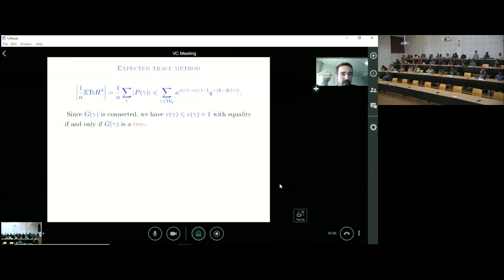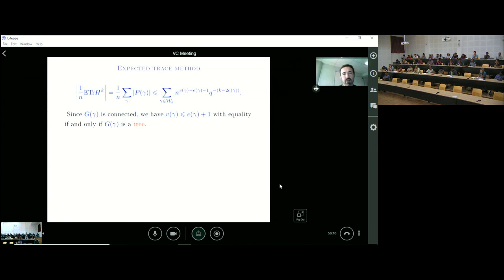If the graph is connected, the Euler characteristic, or genus, is non-negative, and there is equality if and only if your graph is a tree. If you don't know this fact, I will give you some reference at the end, but it's a nice exercise to prove it.